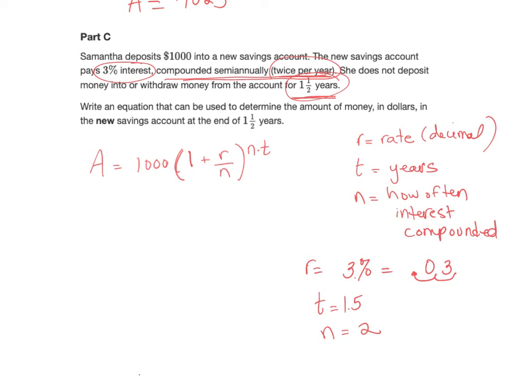We are going to need to fill in this information. So A will equal 1,000 times 1 plus my rate, 0.03, divided by n, which is 2, to the n times t power. Now n is 2, and I'm going to multiply that times t, which is 1.5 years.